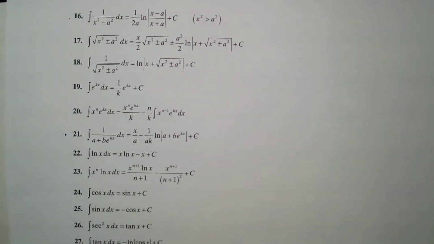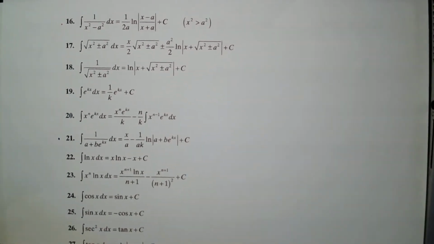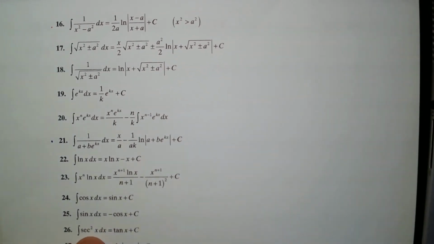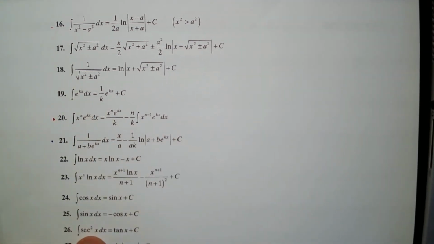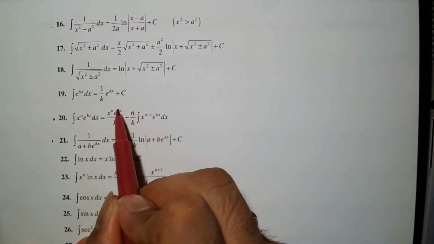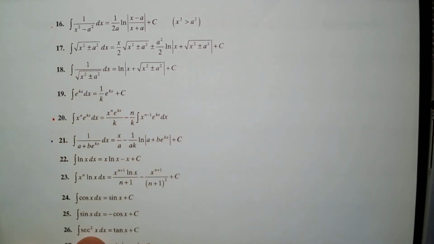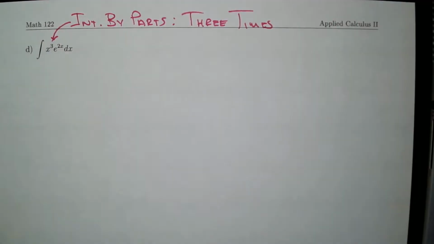In this case, let's go back to the integral sheet, and it looks like formula number 20. Okay, x to the n e to the kx. We're gonna do this a few times. I'm gonna show you how to do that. Nonetheless, I don't think it's going to save a lot of time in comparison with integration by parts.